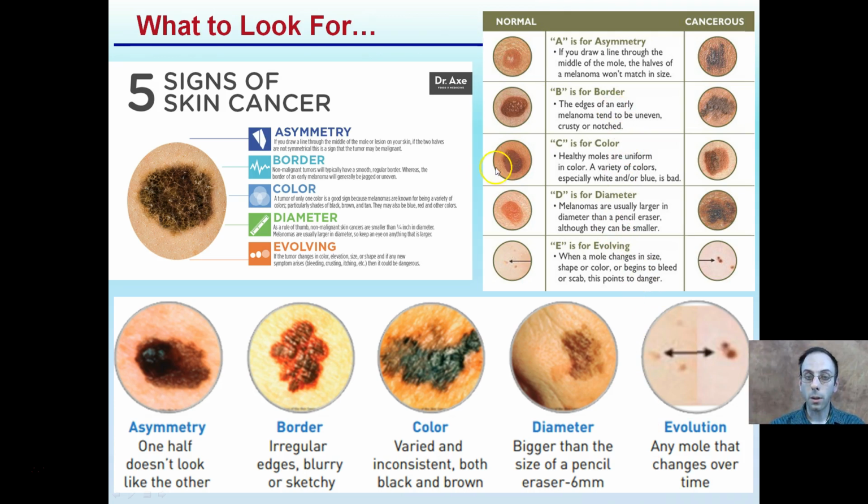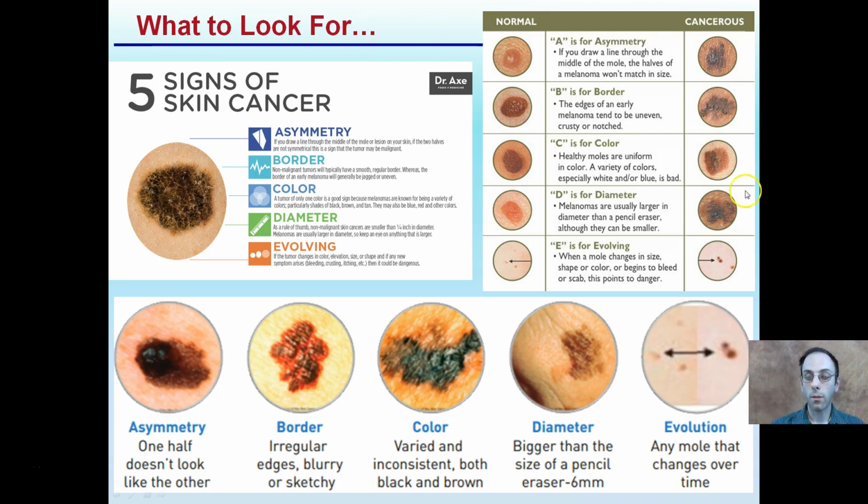So what I put up here, which I found, and there are links in the description to some of these, is what would be kind of normal, and what would be cancerous. So it's comparing what one would normally look like. When we look at color, it's very consistent in the normal one, but in the cancerous one you can see two different regions here. For the border, a very even border here, and a very choppy one, with a lot of fingers and peninsulas located here, for the cancerous one.